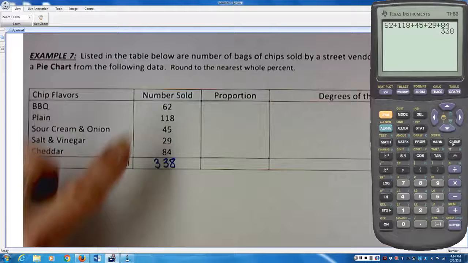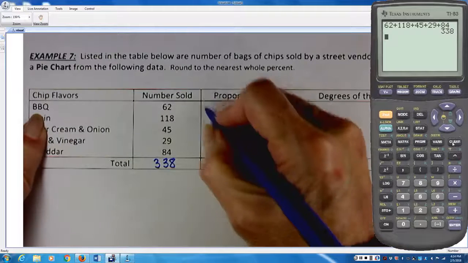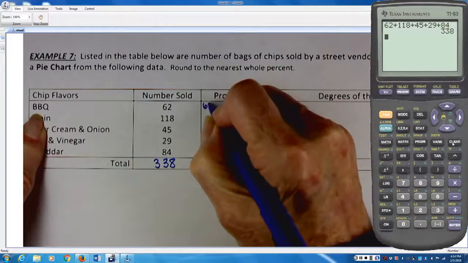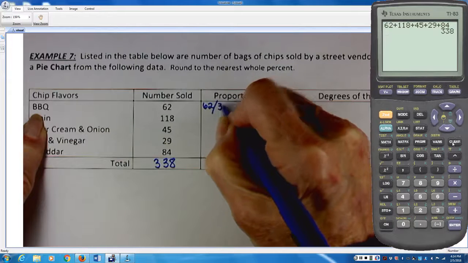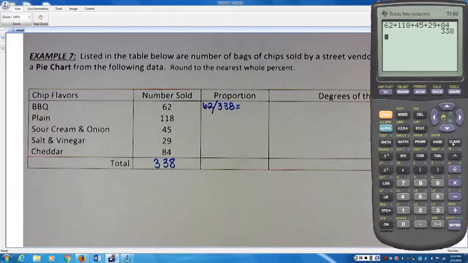He sold 62 barbecue chips, and the proportion would be 62 divided by 338. But I'm going to turn that into a decimal. So that's about 0.183.